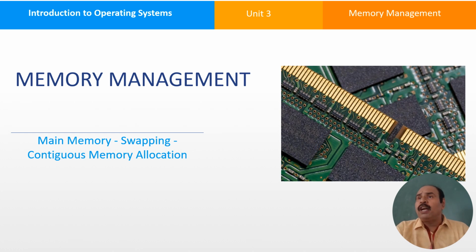Your mobile phones have 256 GB or so. So the amount of memory is being increased, and based on the memory, the price of your mobile phone also varies. Have you noticed that? When you go to an Amazon website or any other place and start searching for a mobile phone, a 256 GB mobile phone would be much costlier than a 128 GB mobile phone. That means memory is valuable.